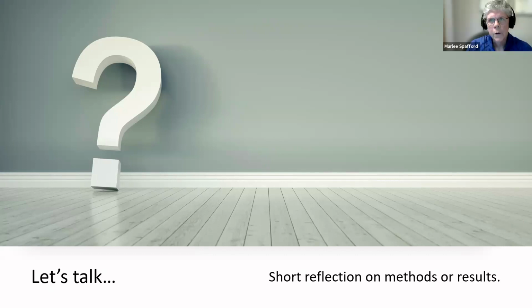When I'm reviewing an article or reading a published article, if I feel like I couldn't repeat what they're doing in the methods, there's just things missing. What I find when I write an article is that I write an initial draft and then go back and reread it and ask, did I include all the steps?